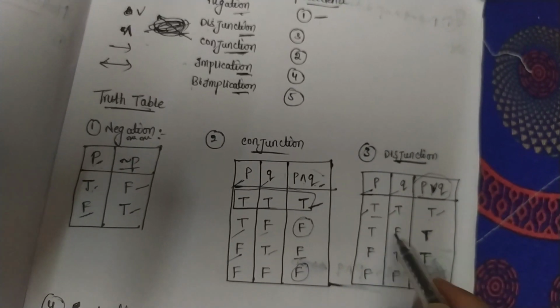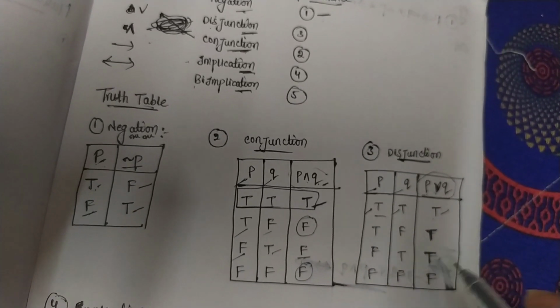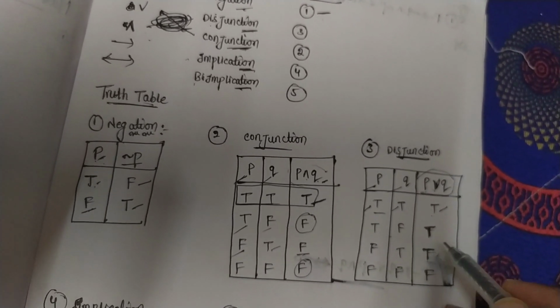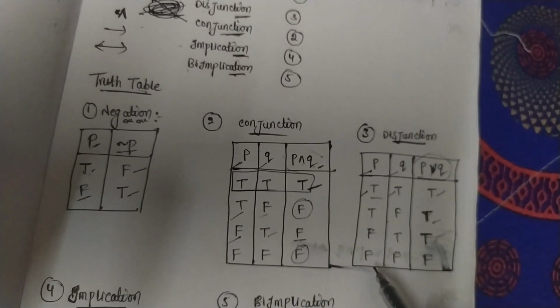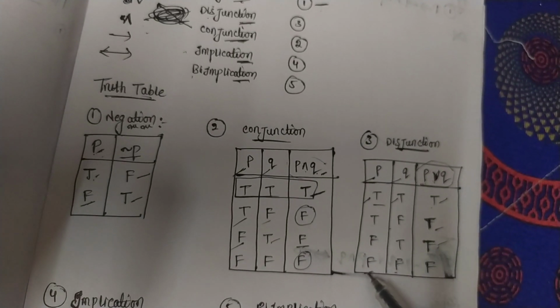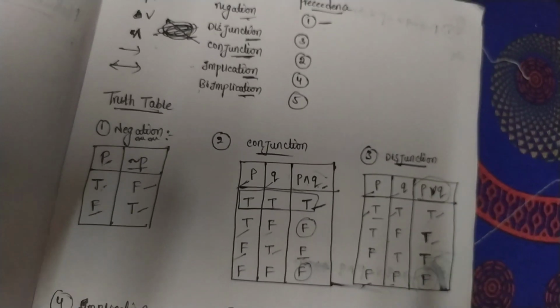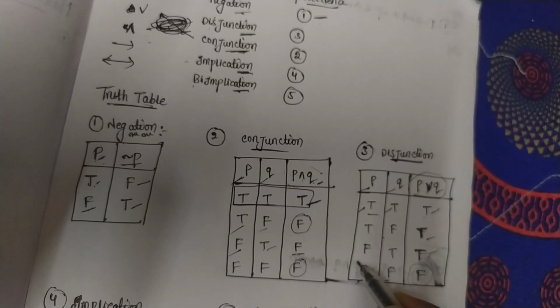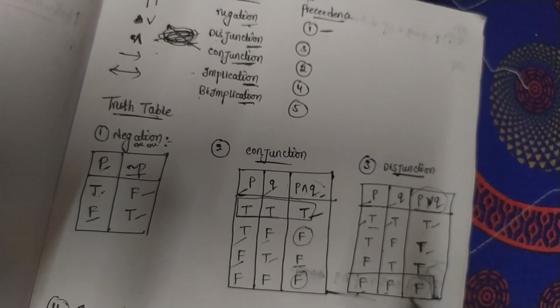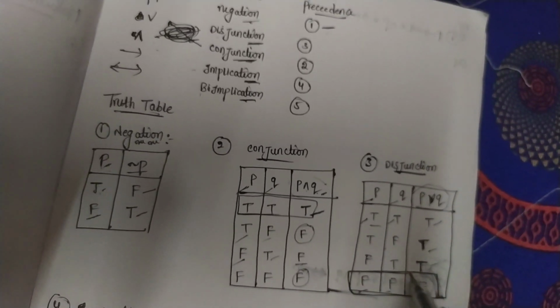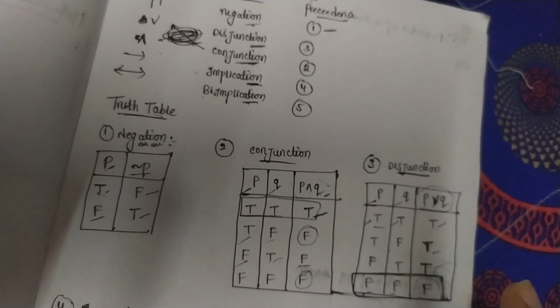If any one of the statements P and Q is true, then the whole statement is true. If both P and Q statements are false, then the whole statement is false. The main thing to remember is that if both statements are false, the whole statement is false. This is the main one in disjunction.